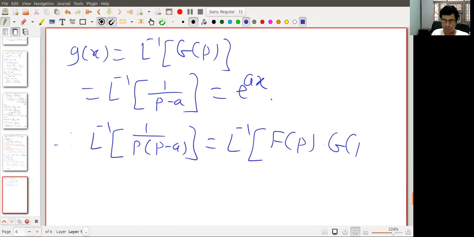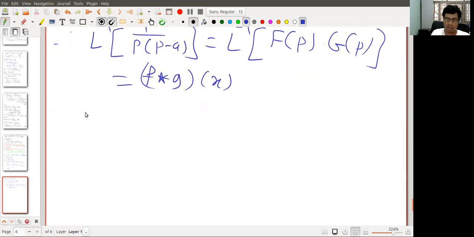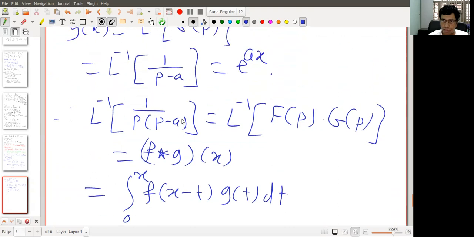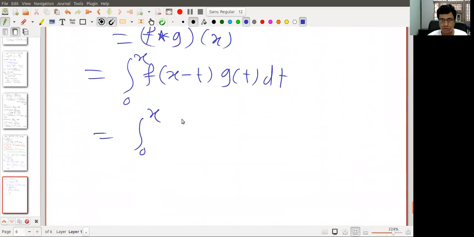Okay. Therefore, L inverse of 1 upon p into p minus a equals L inverse of F of p into G of p, which by the convolution theorem is f star g of x, and by definition of convolution product, it is integral from 0 to x f of x minus t g of t dt. F of x is 1, so f of x minus t is also 1.